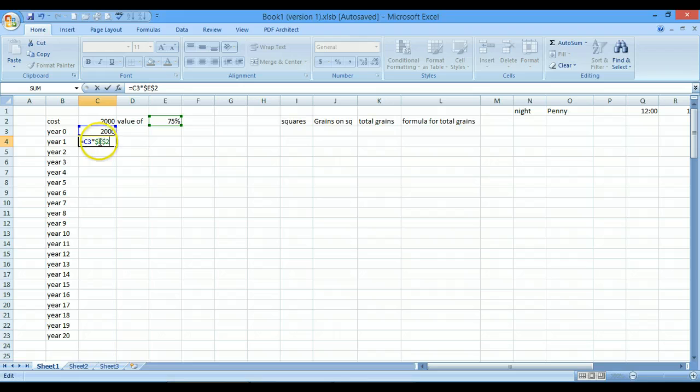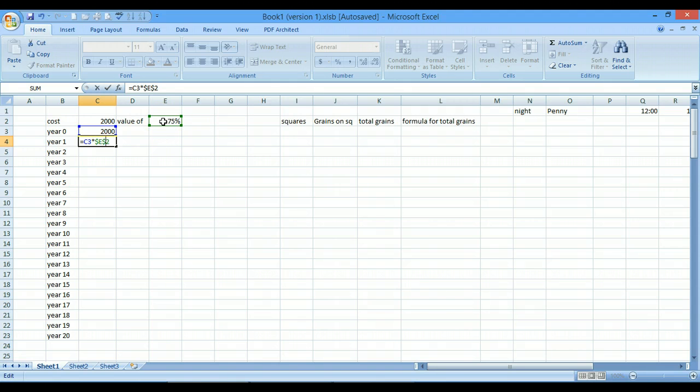The dollar sign says I'm absolute referencing the column E. This dollar sign says I'm absolute referencing row 2. In combination of absolute referencing the column and the row, it means it will always be this column, this row, E2.